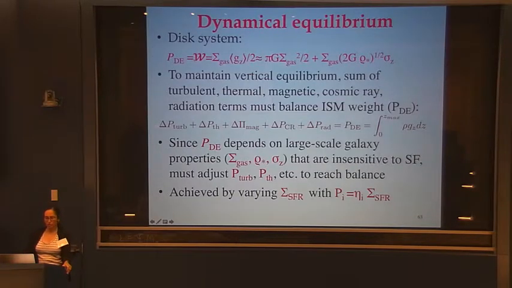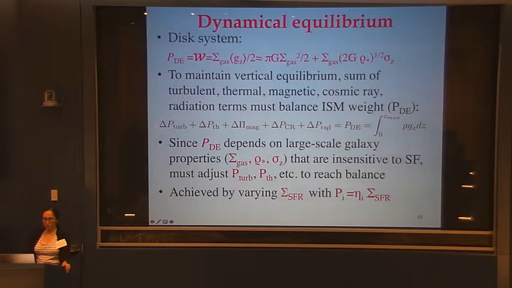And that's what's shown here. That is, if you have a given gravitational field, and this is how much ISM you have, then there's a weight, like the weight of our own atmosphere. There's a weight at the midplane just from holding up that atmosphere. And there's a term which is from the gas self-gravity, and then there's another term from the stellar gravity. So if you want to balance that force, you have to have a certain pressure.